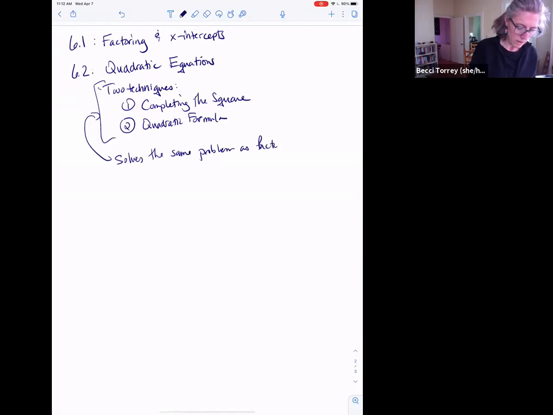It gives us the roots of the equations, when the expression is equal to 0, but it works in some cases when we can't factor.